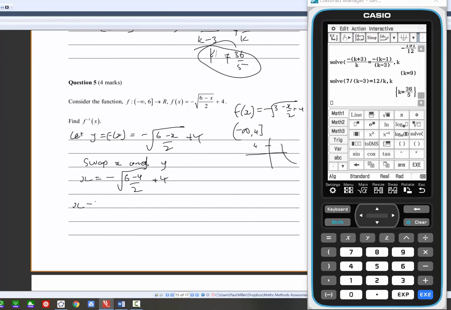Now we'll do x - 4 equals negative root (6 - y)/2.